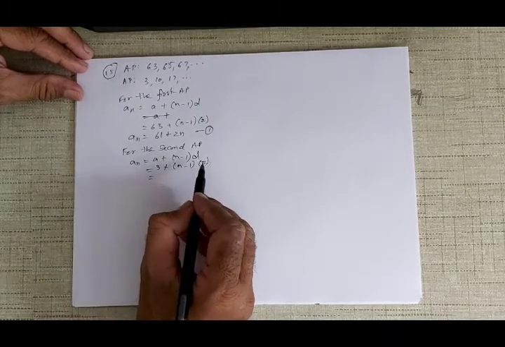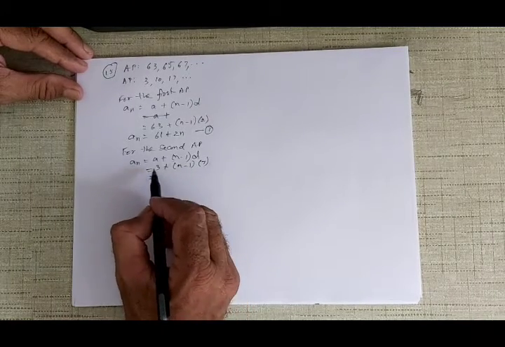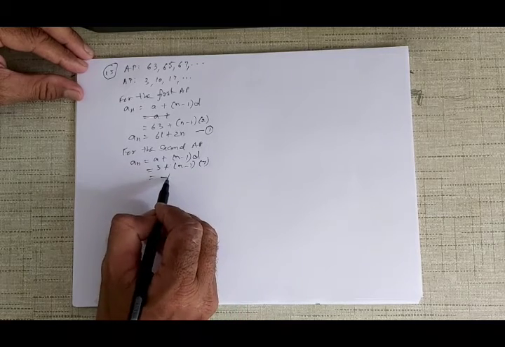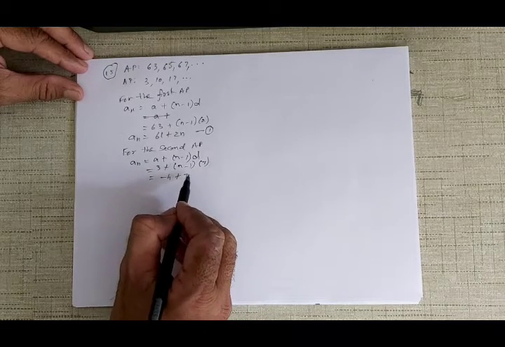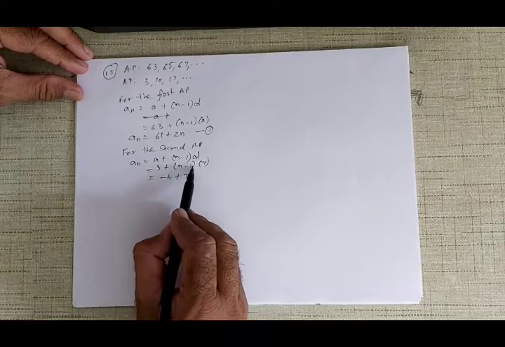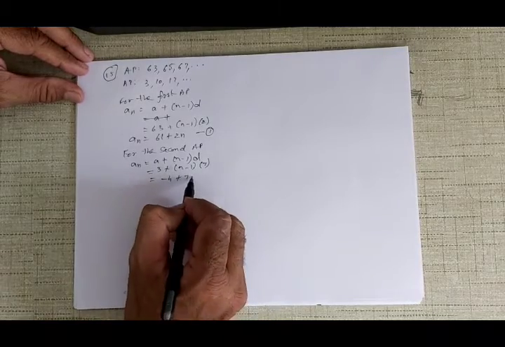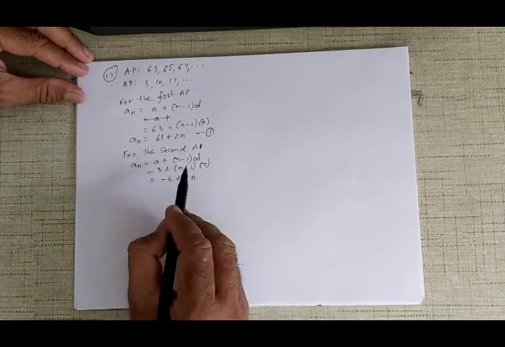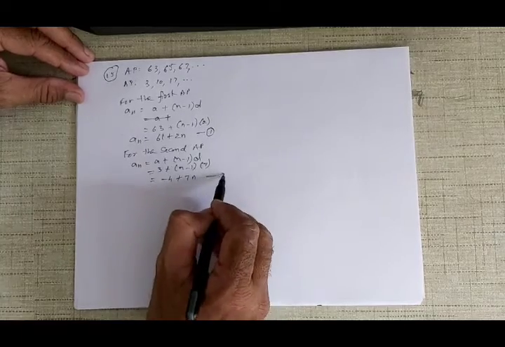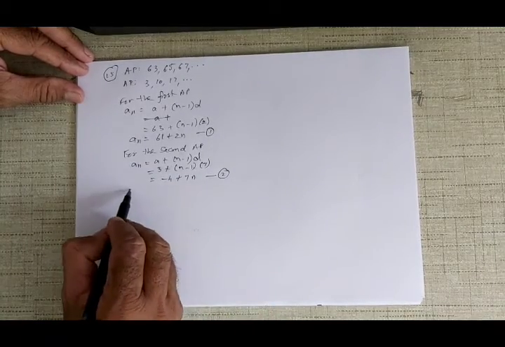If you open the bracket, 3 minus 7 is minus 4 plus 7n. This is equation number 2.